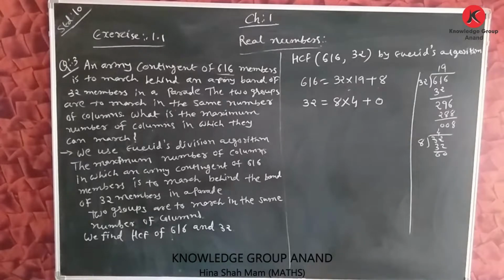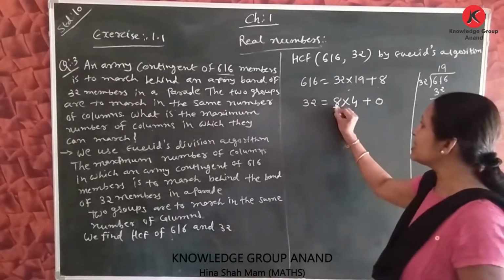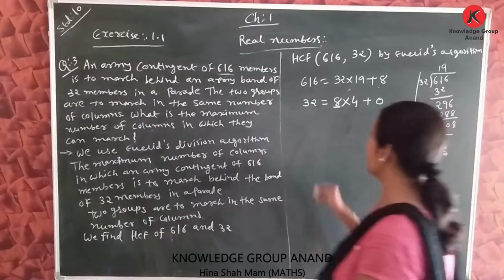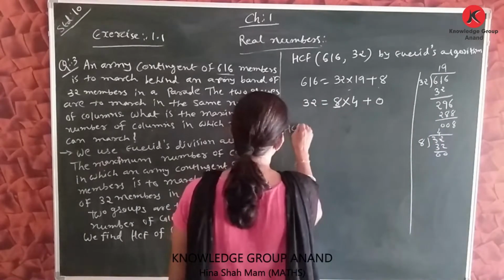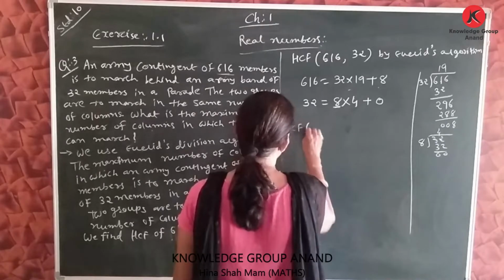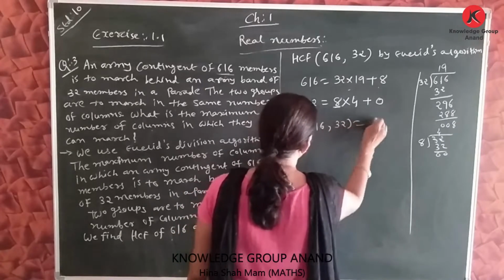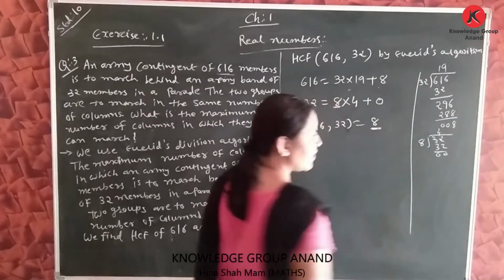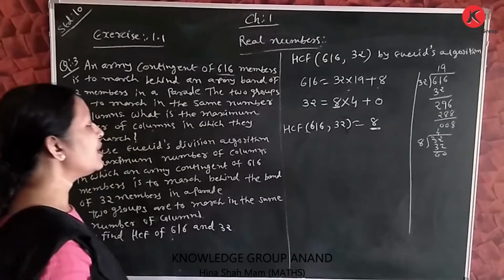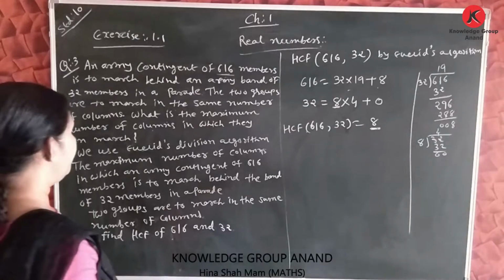Now what is the HCF of these two numbers? The divisor is the HCF of these two numbers. Here the divisor is 8. HCF of 616 and 32 is equal to 8. We get the HCF of these two numbers is 8.